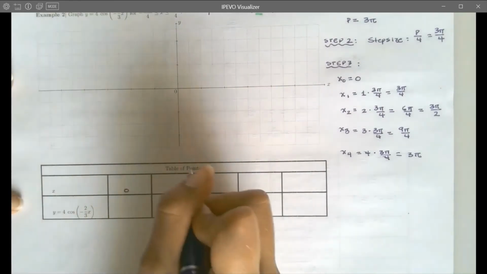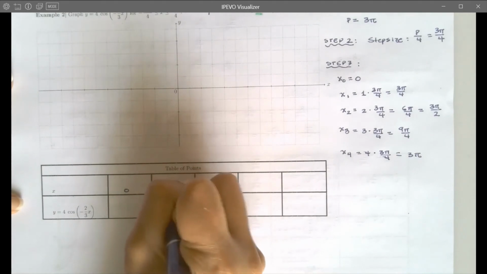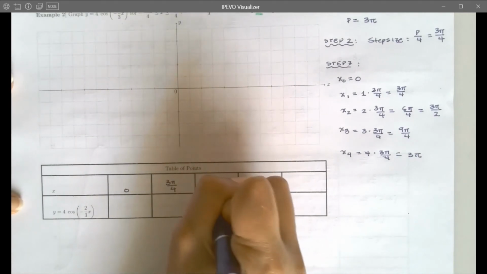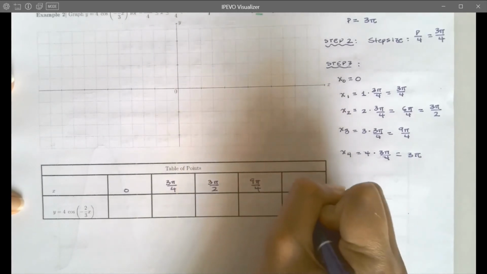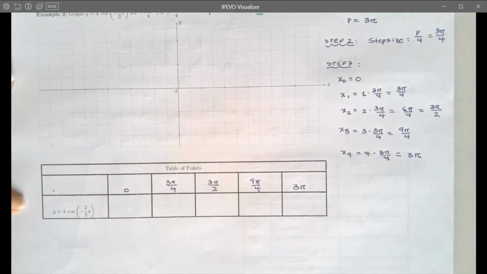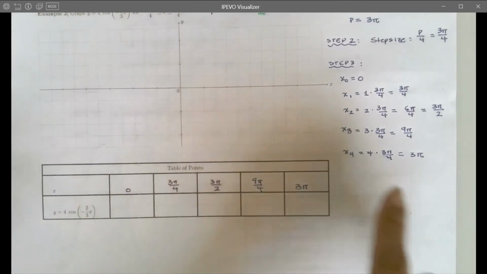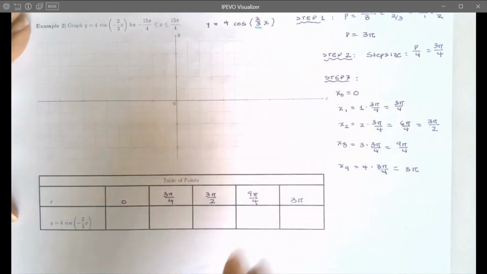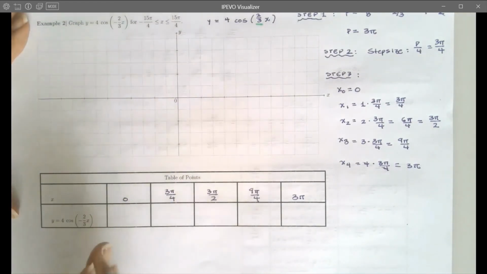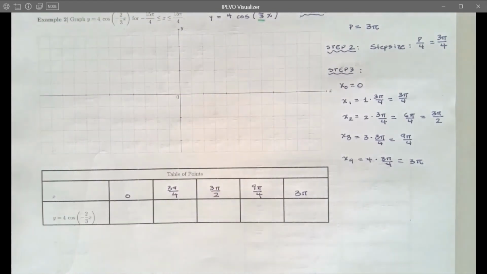We'll have 0, 3 pi over 4, 3 pi over 2, 9 pi over 4, and 3 pi. These are all the quarters of the cycle. Notice the cycle is completed in 3 pi radians. So if we divide that by 4, we're getting the quarters of the cycle.